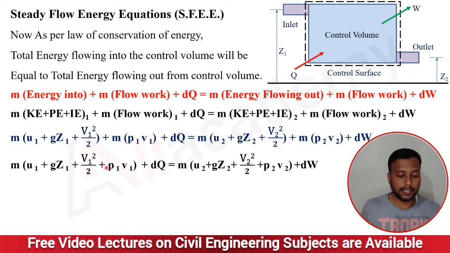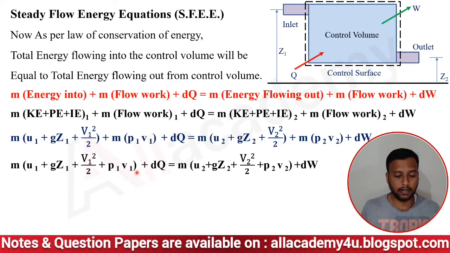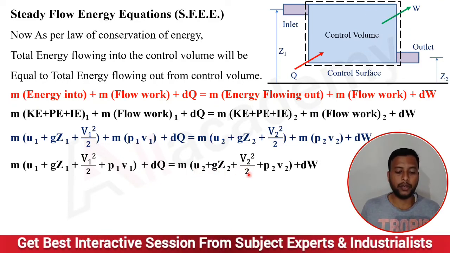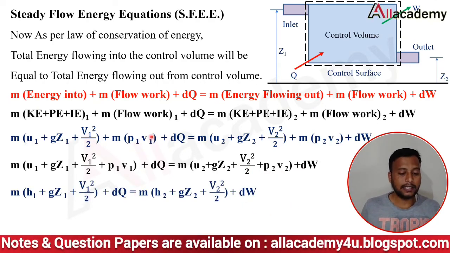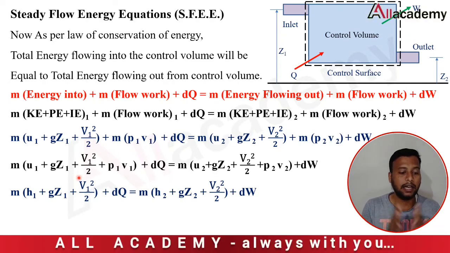Now just rearranging, I will take m outside as common. The remaining terms will be u1 plus g z1 plus v1 square plus p1 v1, plus dq, which will be equal to, again taking m common, m into u2 plus g z2 plus v2 square plus p2 v2, plus dw. Now rearranging the terms, we already know that the product of pressure and volume plus the internal energy is nothing but the enthalpy, H. We have already studied that relation.